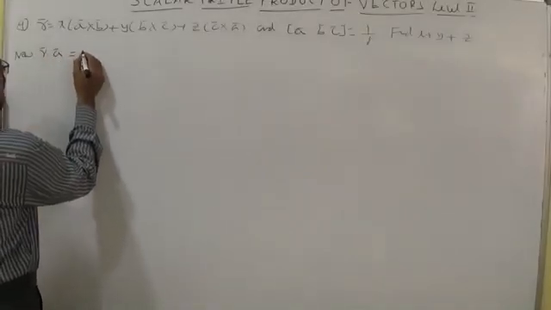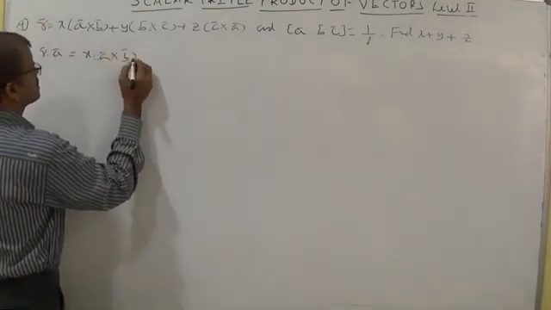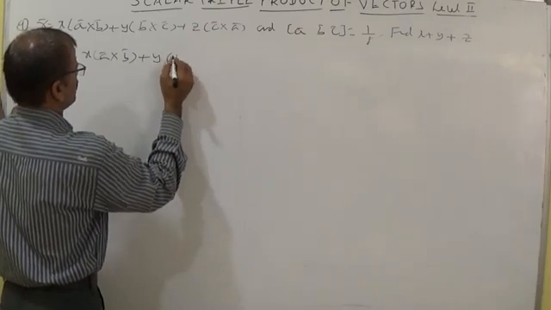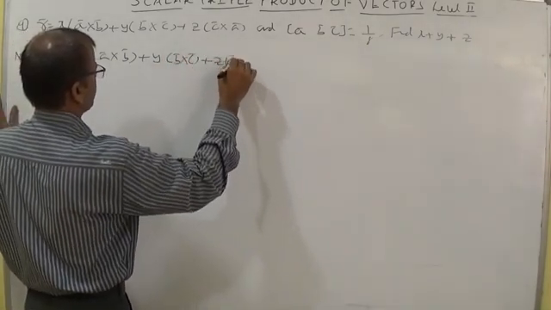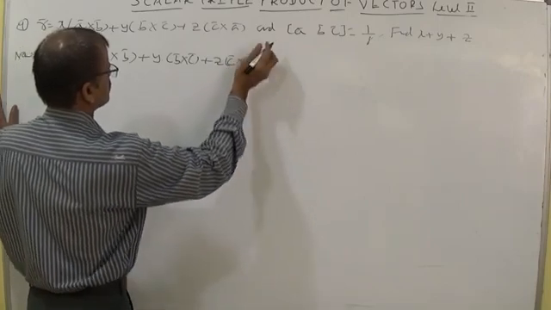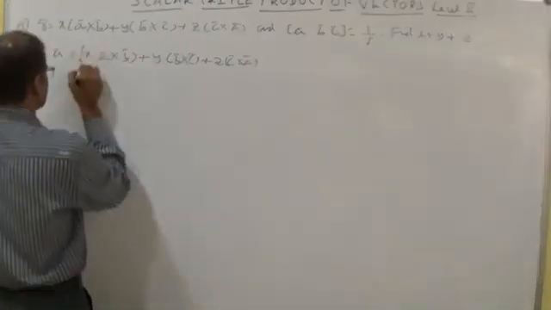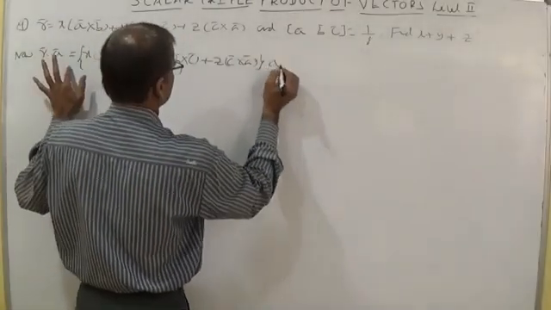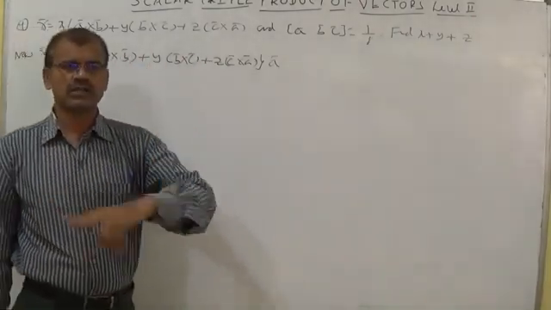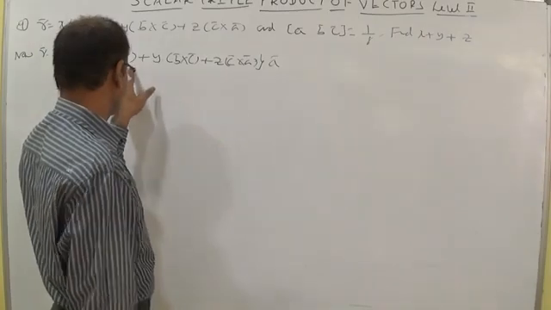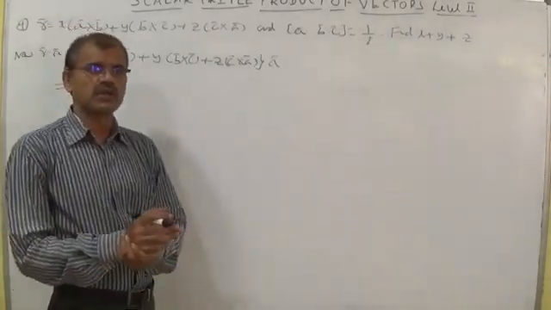Whenever you are writing R bar dot A bar, we can write here X into A cross B plus Y into B cross C plus Z into C cross A, put a set bracket here, and dot A. You can understand that A cross B into A, whenever two letters are existing regarding cross product, it becomes 0. So A cross B into A, it is 0.